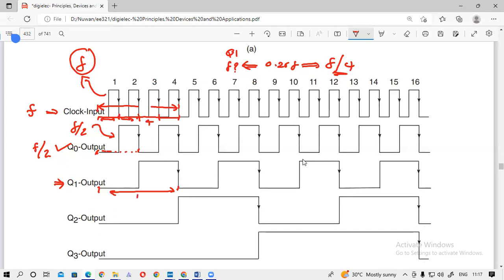At the same time, here you have one cycle. So this frequency should be f by 4.